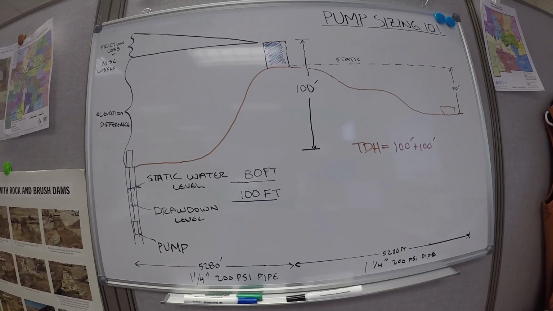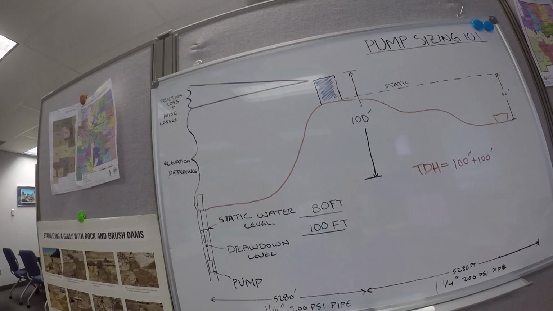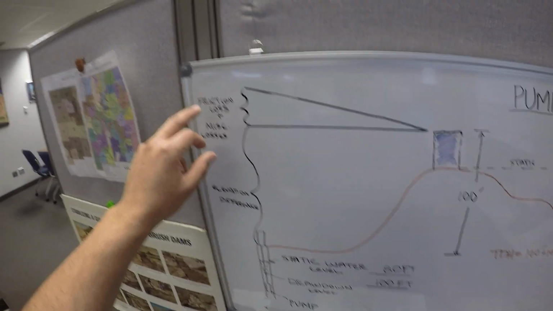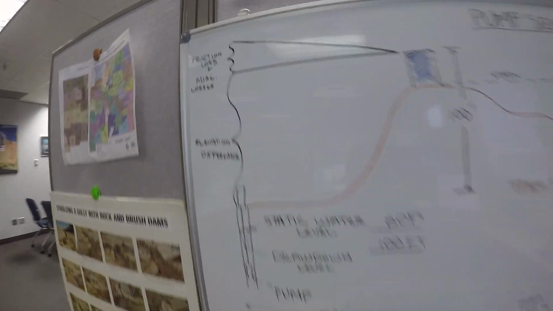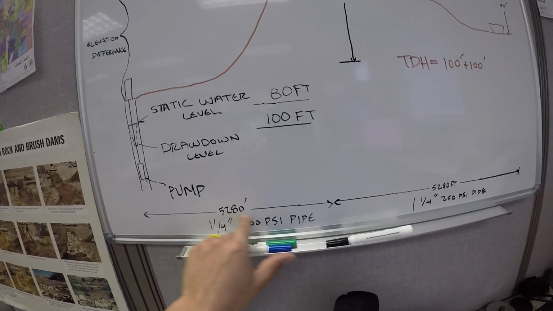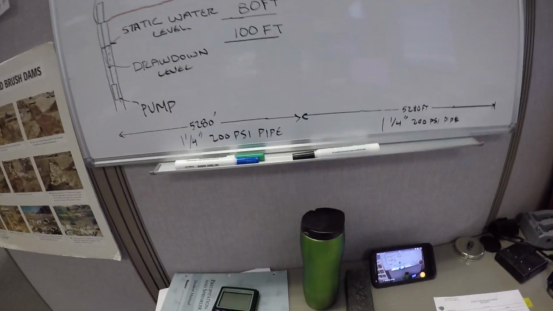So then the last thing you need to take into consideration is your friction loss and your miscellaneous losses, and that's these guys here. And the way you're going to figure that out is, in this case, this pipeline is 5,280 feet long. So we have a chart that I will send everyone.